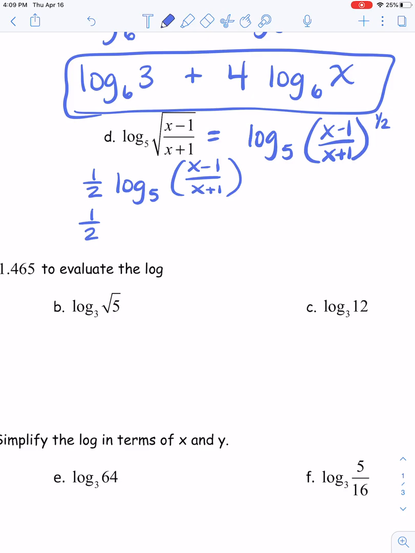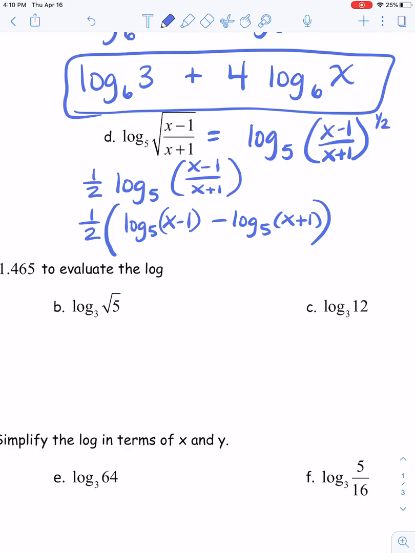So it'd be 1/2 of the log base 5 of x minus 1 minus the log base 5 of x plus 1. I want to make sure I put those outer parentheses there because that 1/2 applies to everything in the subtraction problem, because everything in this division problem is being raised to that 1/2 power.